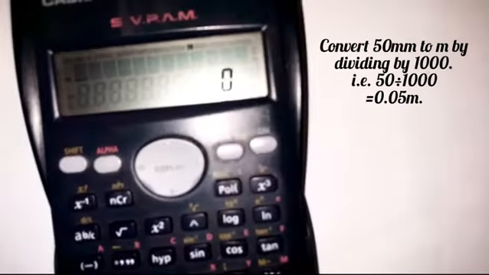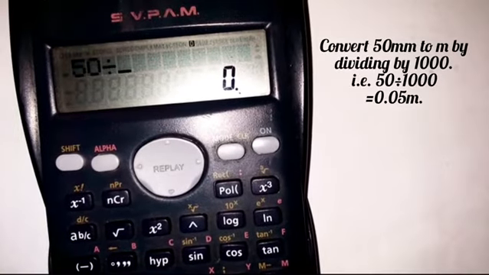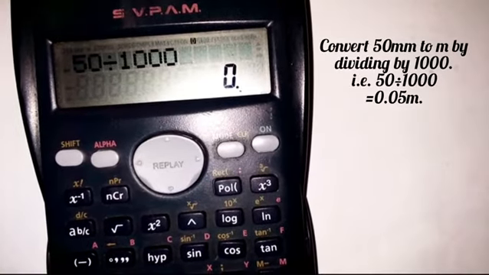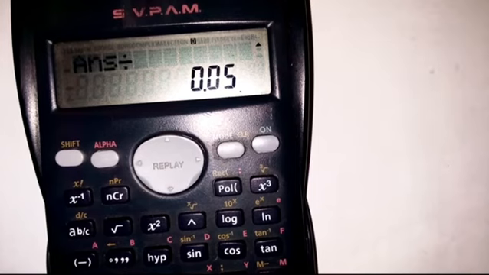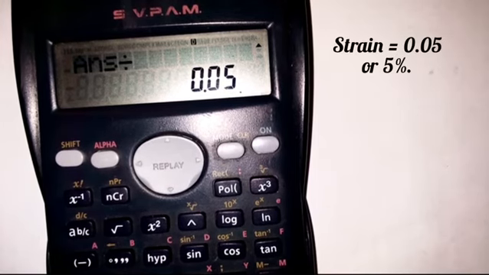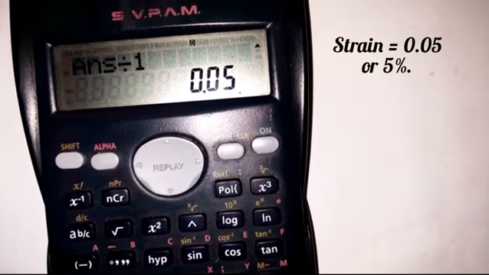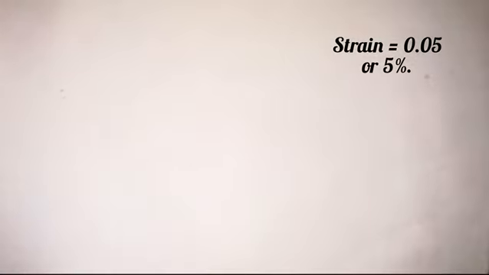Therefore, we need to convert the 50 millimeters to meters by dividing it by 1,000, which should give us 0.05. Therefore, 0.05 divided by 1, we still retain our answer. And therefore, the strain is 0.05, as a percentage it can be written as 5%.